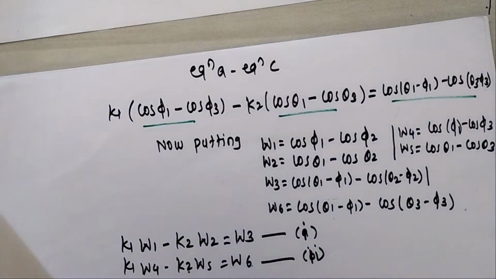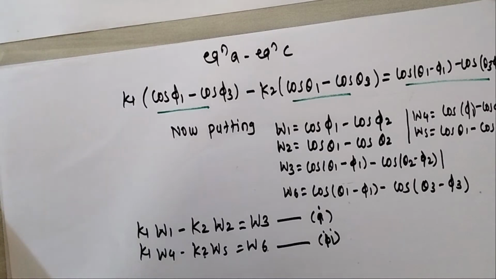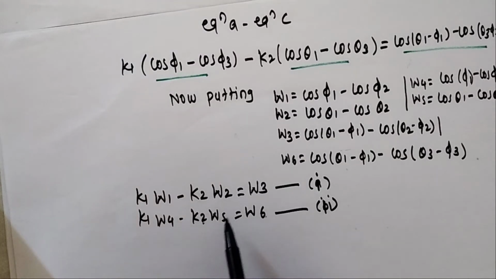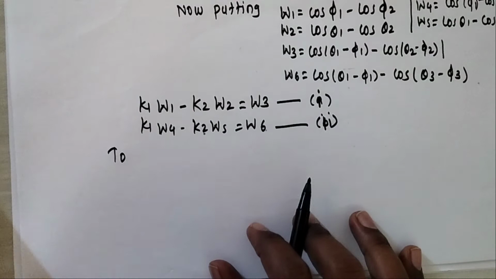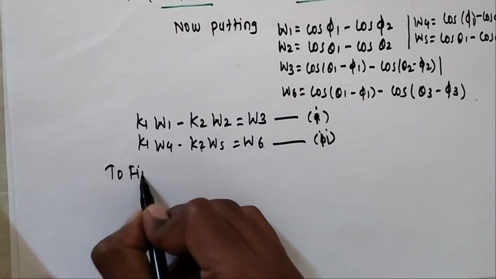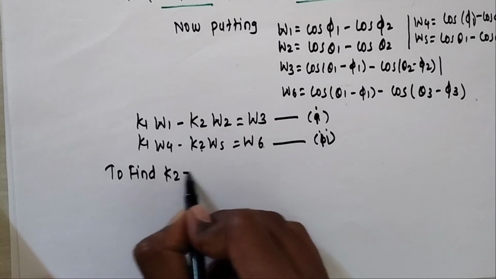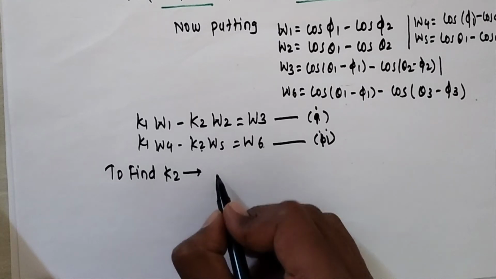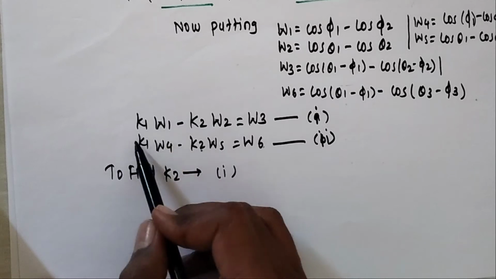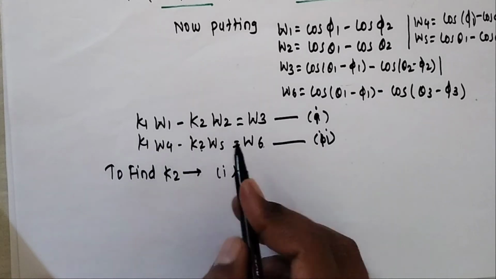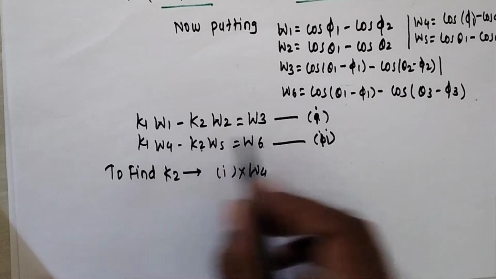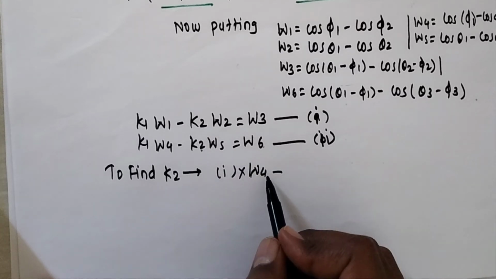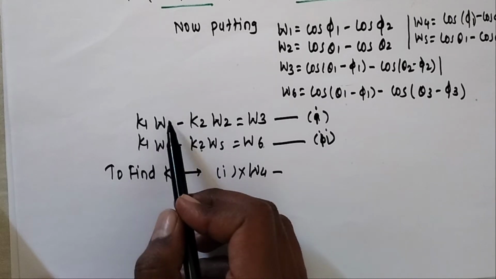If I want to find K2, I will try to eliminate K1, and when I want to find K1, I will eliminate K2. So to obtain the value of K2, I will cancel the K1 term. To find K2 first, I will write equation 1 into W4, and if I subtract from this, I multiply equation 1 by W4 and equation 2 by W1.